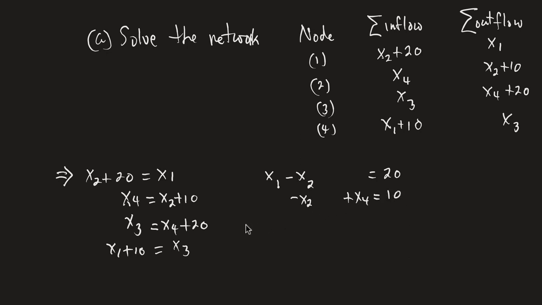And then the next one, move over the x4, so I'll have x3 minus x4 is equal to 20. And then finally, I can move over the x3 and the 10, and I get x1 minus x3 is equal to 10, right?